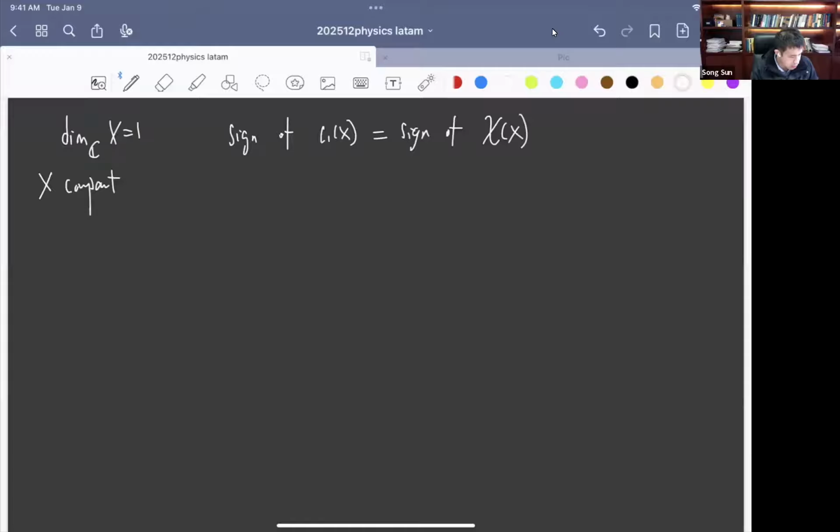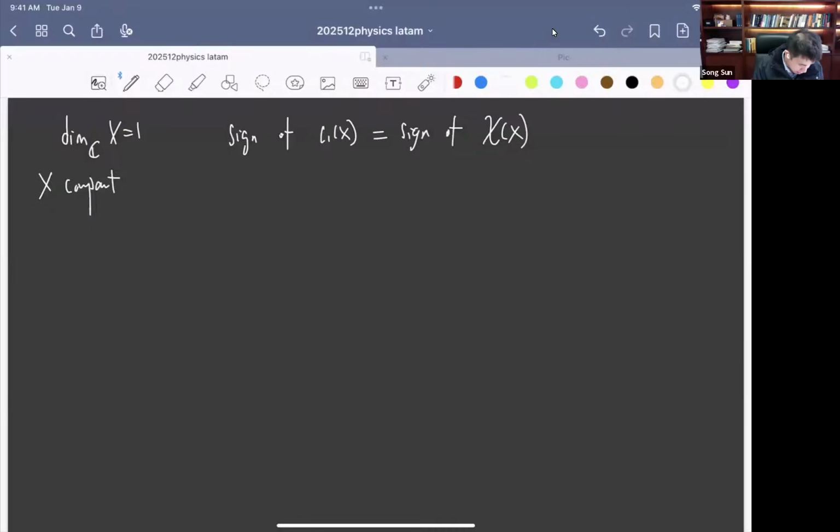It's positive for S2, 0 for the torus, and negative for high genus surfaces. We also know from the first lecture, it's a 19th century result, that every compact Riemann surface admits a Kähler-Einstein metric.